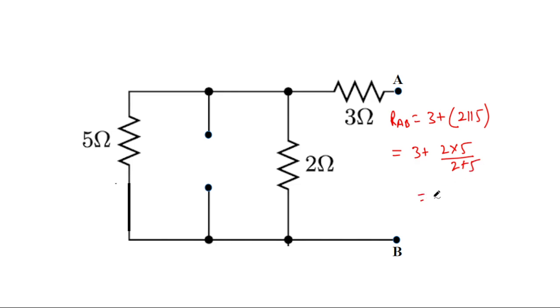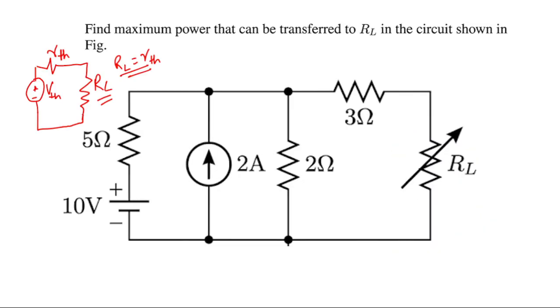So it is equal to 3 plus 10 by 7, which can be written as 31 by 7. Simplifying, RAB is equal to 31 by 7. So let me note here that RTH is equal to 31 by 7 ohm.